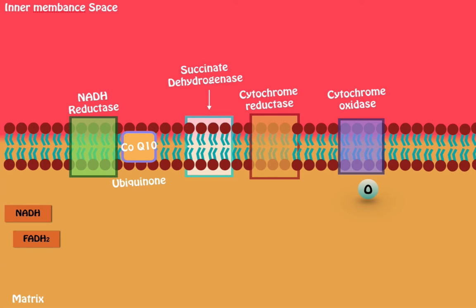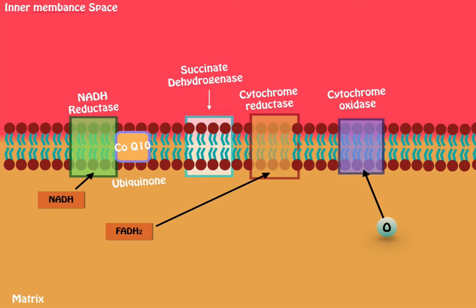And then you have this little guy right here, ubiquinone, and this guy is responsible for transferring high energy electrons back and forth from NADH reductase and succinate dehydrogenase. So again, it relays high energy electrons back and forth.